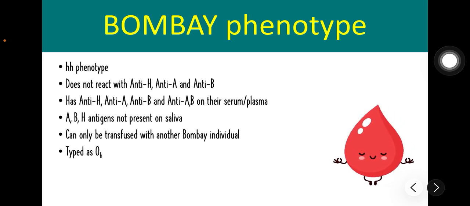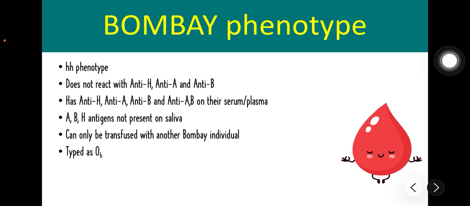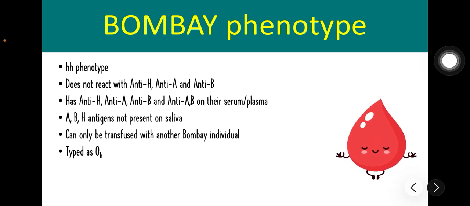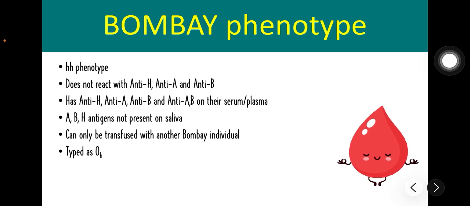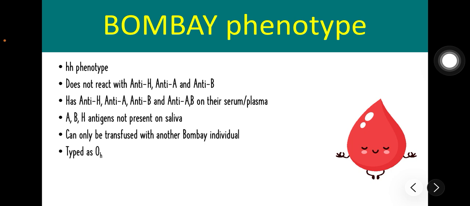So without this foundation, even if they have inherited the A or the B genes, those antigens cannot be expressed. Again, Bombay individuals produce a potent anti-H antibody in their serum. This antibody has high thermal activity at 37 degrees Celsius and can activate complement, causing intravascular hemolysis if H positive blood, like normal group O blood, is transfused.